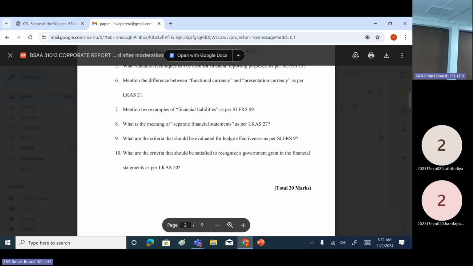So it may be difficult. How are we going to report this hedge effectiveness? To learn hedging will also be difficult. I also don't have hands-on practical experience in auditing and hedging.